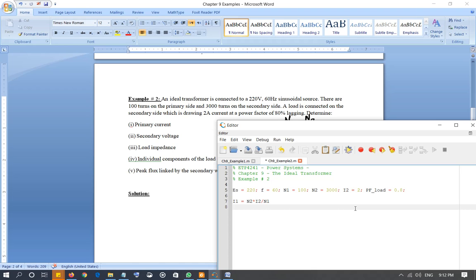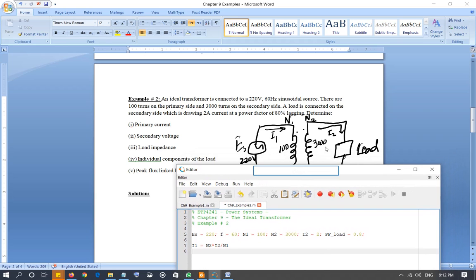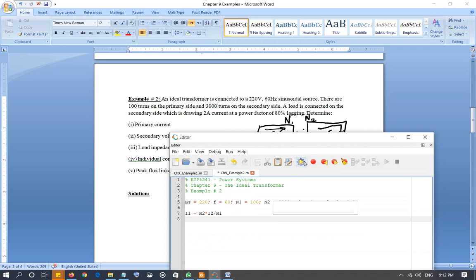Secondary voltage. Alright, so for secondary voltage we know that you have 220 volt across the primary side, and then we know N1 and N2, so we can easily find the secondary voltage.